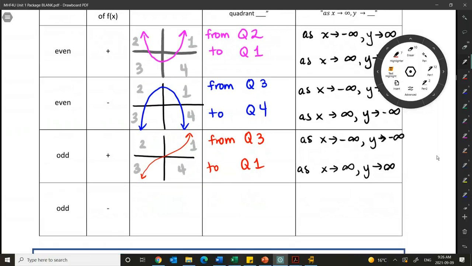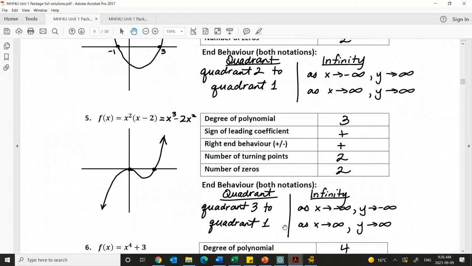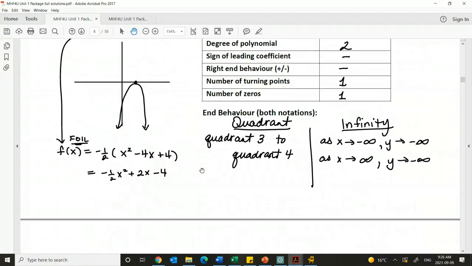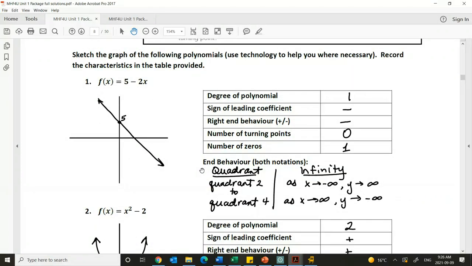Okay, our last one. Do we have anything on our homework that is odd and has a negative leading coefficient? We might have 2 examples for that one, maybe. Andreas? I think 1. Are there any others? I don't know. Okay, so 1 is really the example here. So odd and negative. It could be a line, which does have a negative slope, or it could be S-shaped, right?